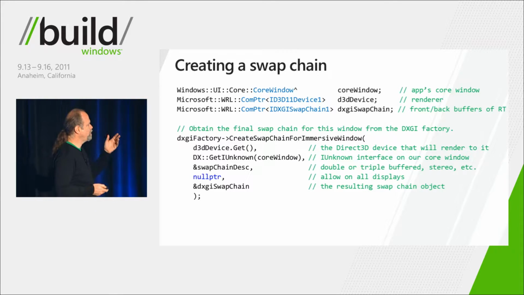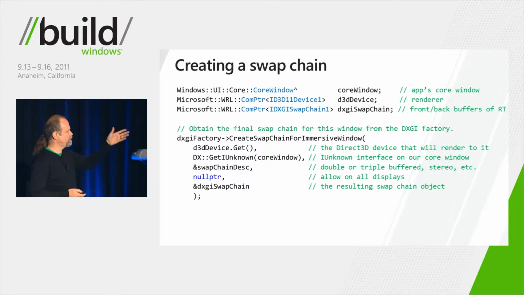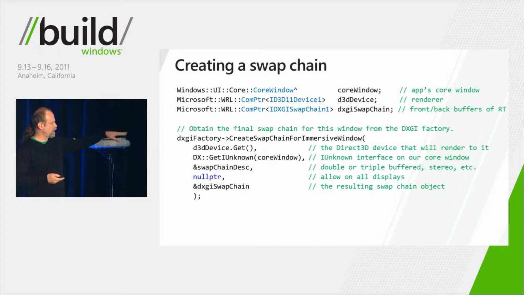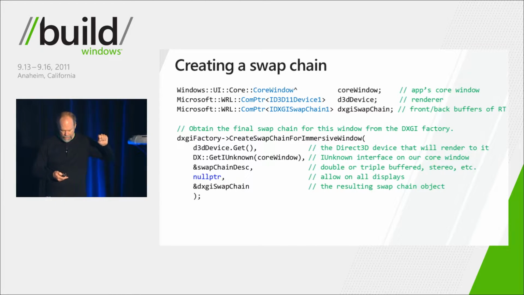And the answer is when you create your application, you'll get a core window which was created for you. And what you do is you go down into the low-level layers of Direct3D and get access to the DXGI layer, which is underlying everything, and you call this new method called CreateSwapChain, and this method is really the one new method that's unique to the Metro style application platform for Direct3D. It's the one way to connect the Metro style application with the traditional Direct3D pipeline.